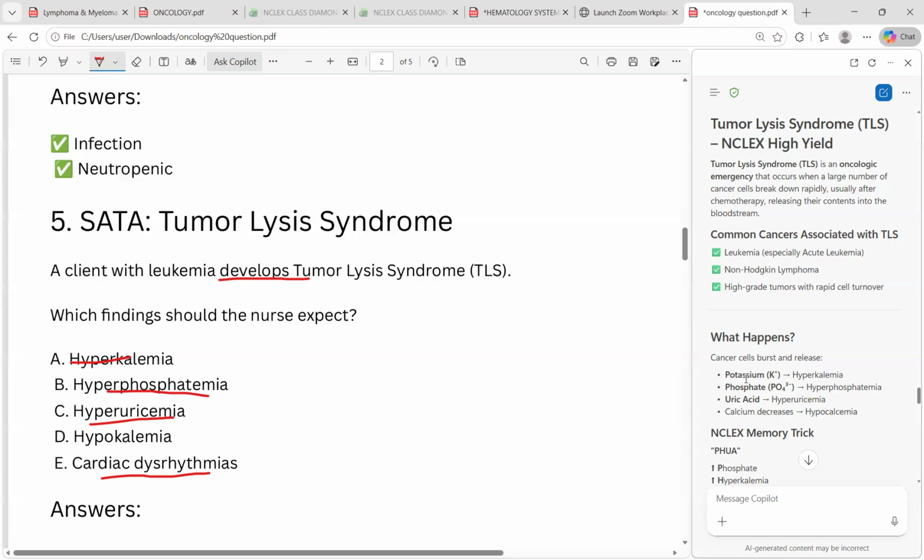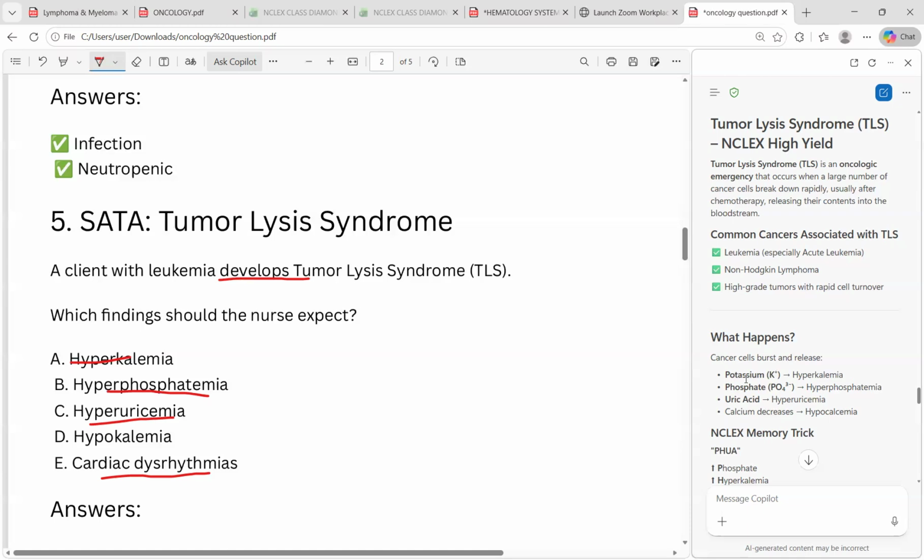But here the calcium is getting low. Hypo means low, that means hypocalcemia. When the cells are destroyed, there is a low calcium level in the blood.